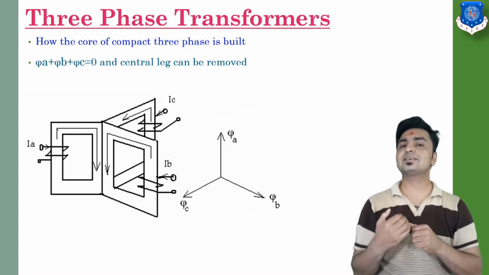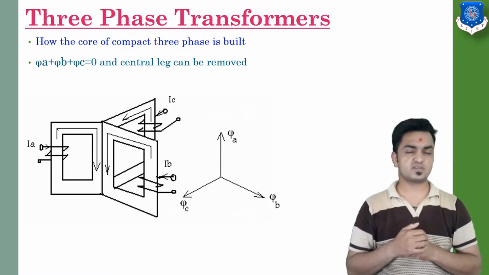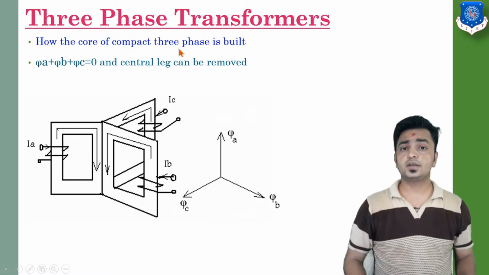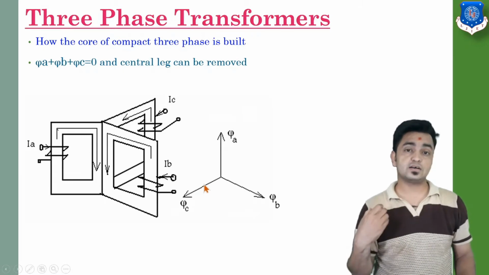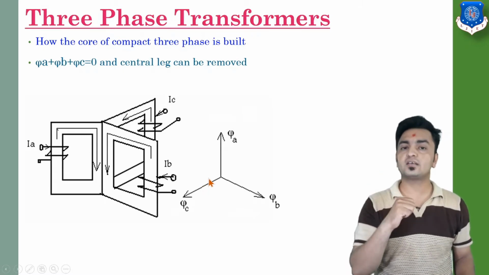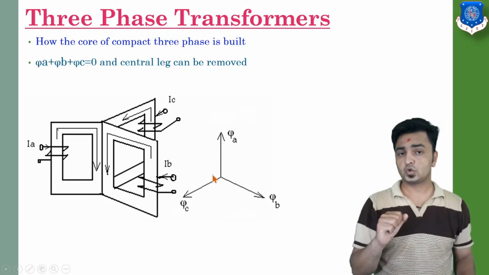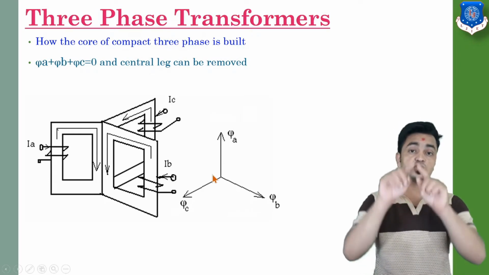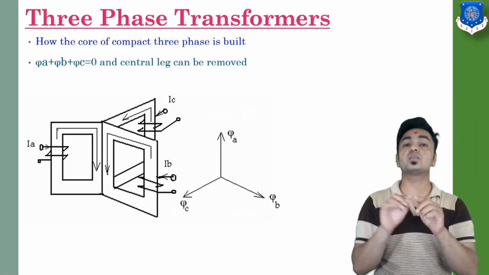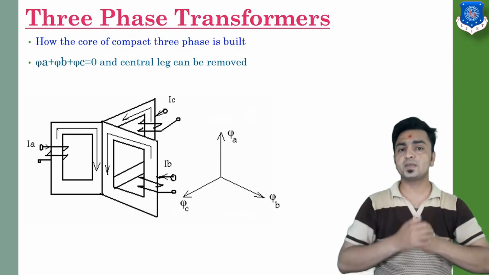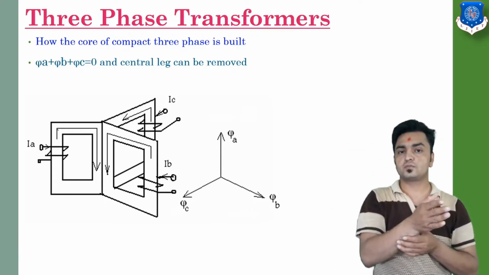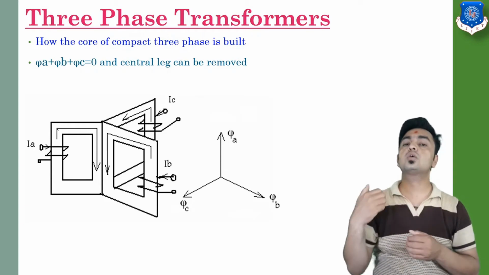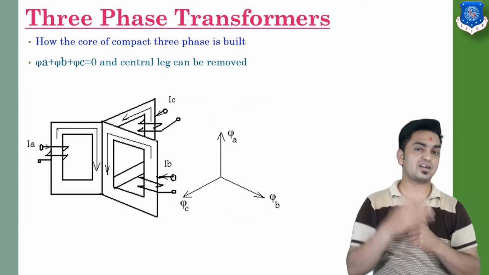Again, let's understand the construction of the three-phase transformer. For that, one figure is given here. When we discussed the construction of the single-phase two winding transformer, the basic structure was one square core body, and on its vertical section we wound a winding to form a transformer.